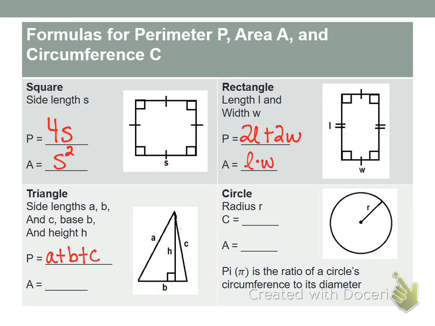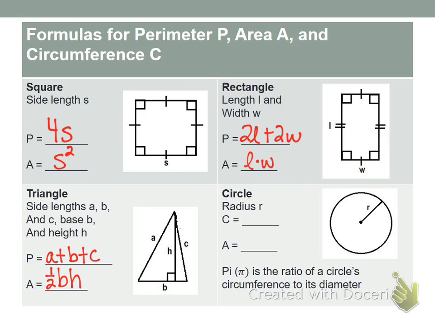The area of a triangle, does anybody know it? Close, Ataya? 1/2 base times height. So 1/2 B H. Okay, next up, we've got a circle with radius R. Anybody know the circumference, or capital C?